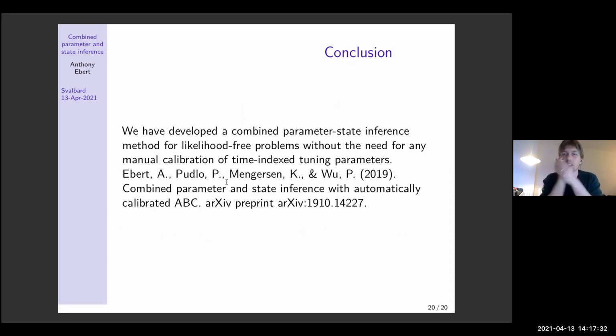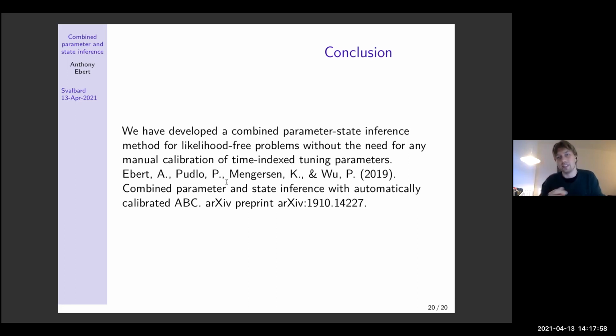And so, okay, the advantage here is that we've got a likelihood-free algorithm that performs state and fixed parameter inference that doesn't have any tuning on the time index.